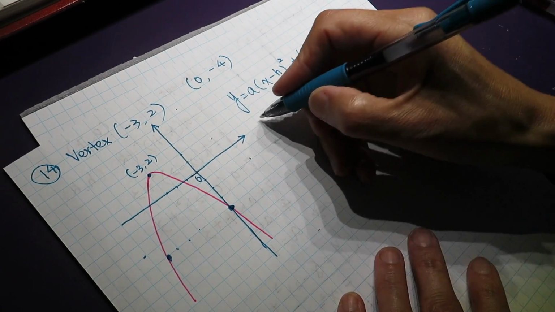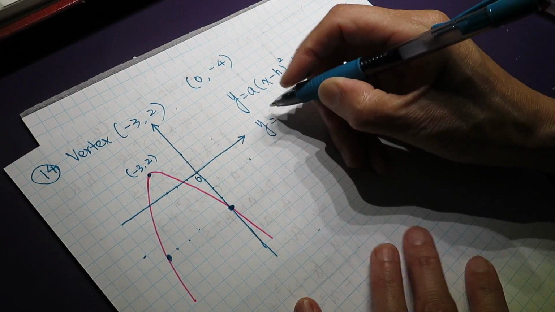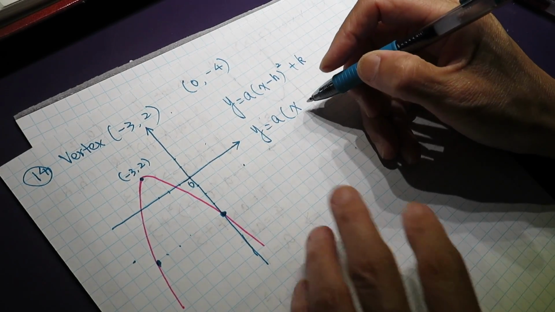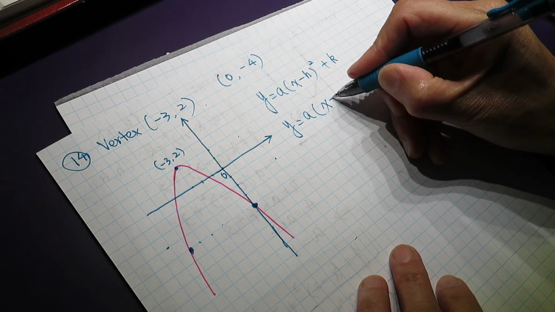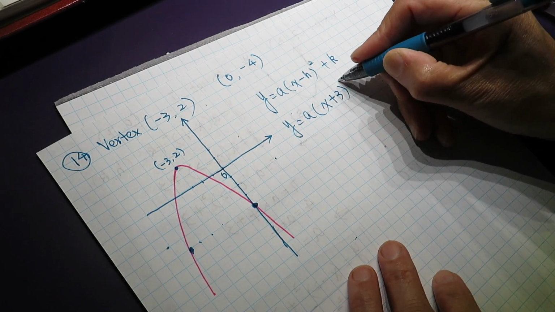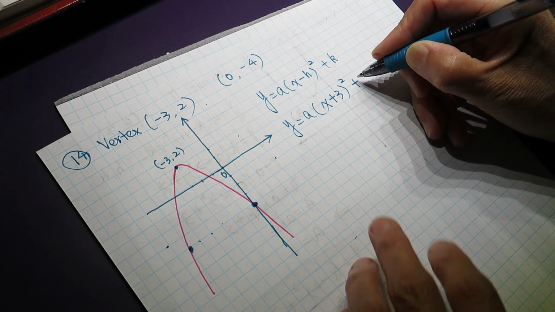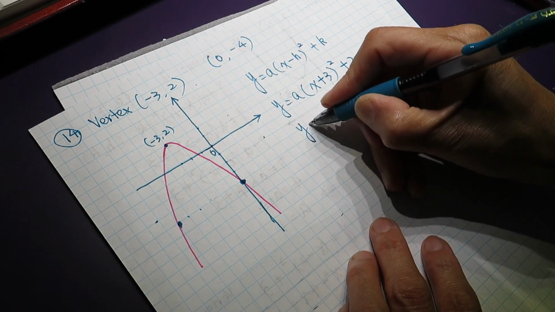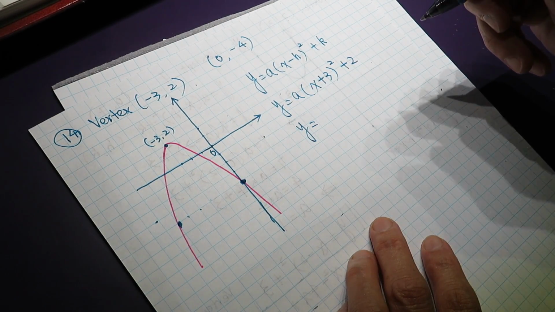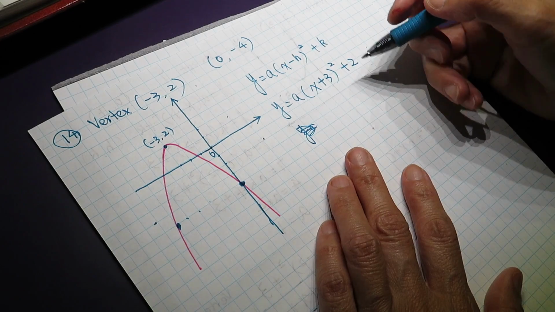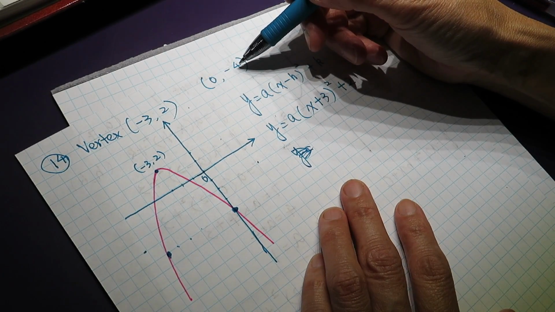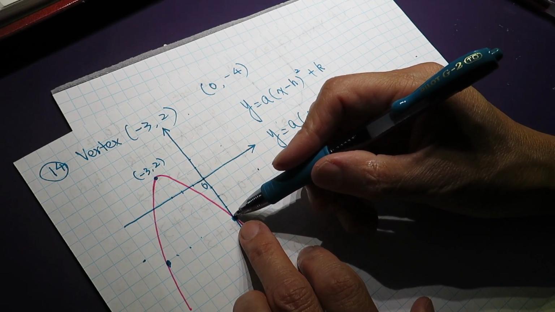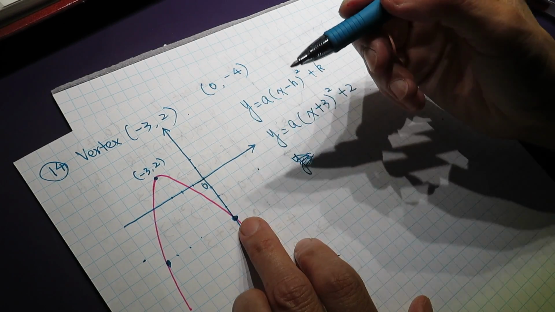We do not know a, but we know h: x minus -3 is x plus 3, squared, and plus 2. Up to here we can plug in the real numbers. This point we know is on the graph.